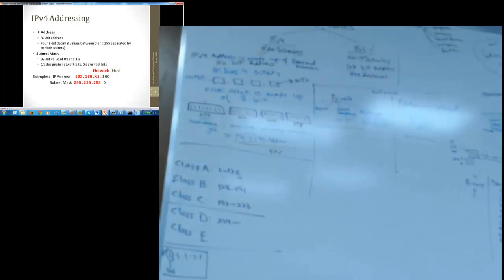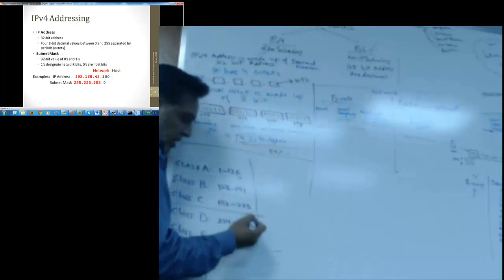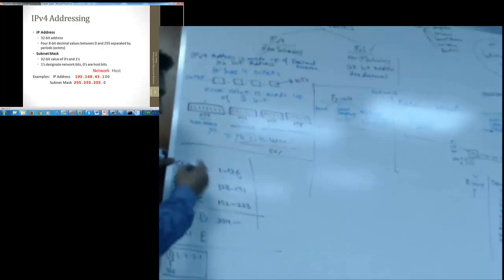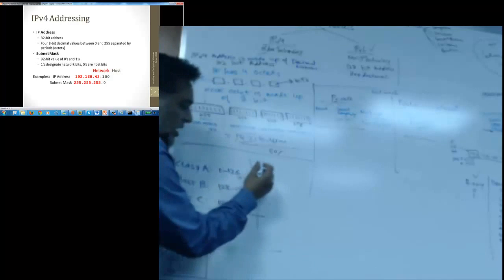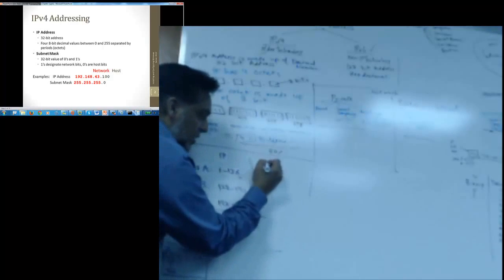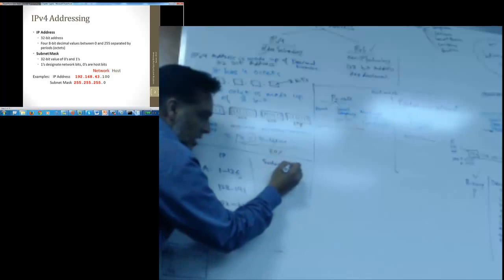Now, how do they further divide it? Guys, further they said that for class A, class B, class C, let's limit the number of IP addresses. So this will be the IP address, and their subnet mask.